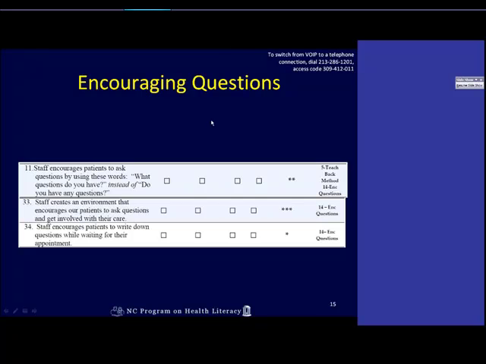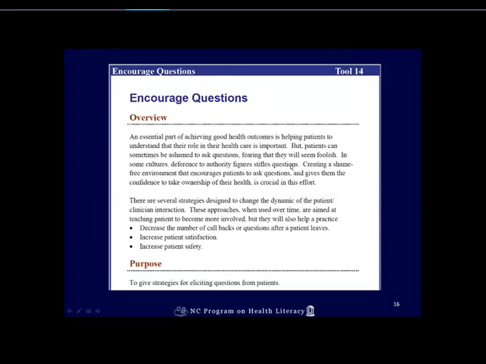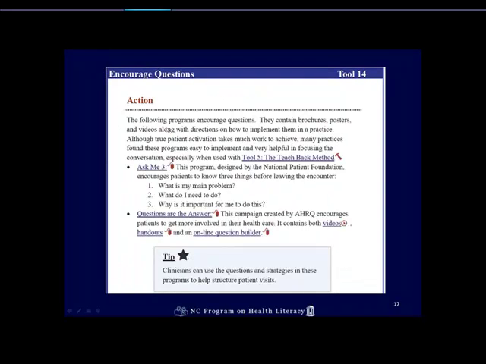Before you do that, let me just show the tool on this one. On encouraging questions, again, we provide the overview and the purpose. We think that there's a lot of value to this. There's a lot of research behind the general idea of encouraging questions and facilitating dialogue. In the action part of this tool, we direct people to several programs that are available for free, such as the Ask Me 3 program or Questions Are the Answer program at AHRQ.